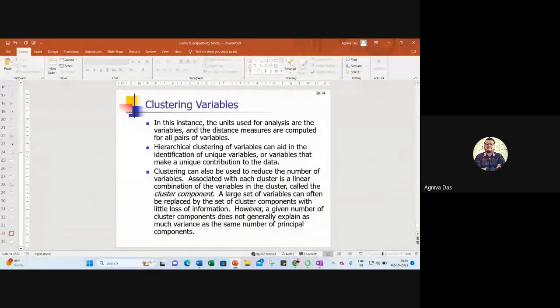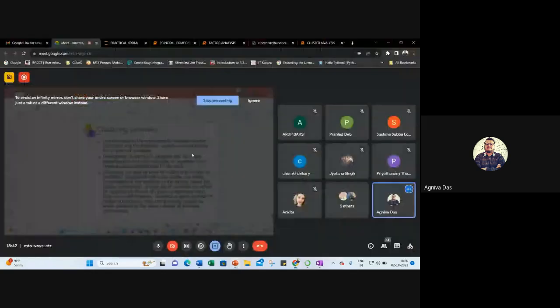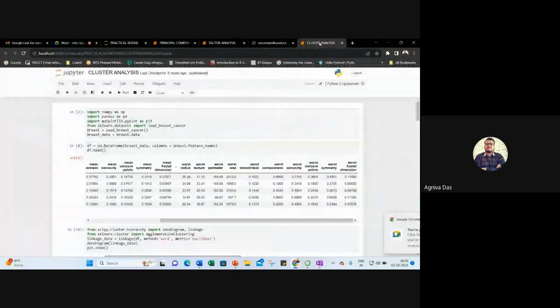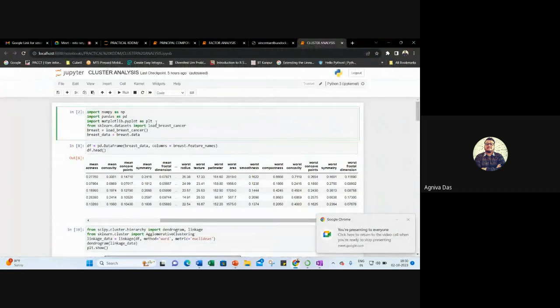So now let us get into some of the coding part. Right. So for cluster analysis, we are using the same breast cancer dataset because we don't have much time. We quickly import NumPy, Pandas, Matplotlib for the plotting part, and sklearn.datasets. And from there, we'll import load_breast_cancer, same as before.